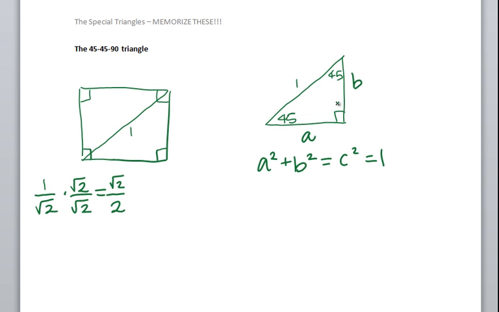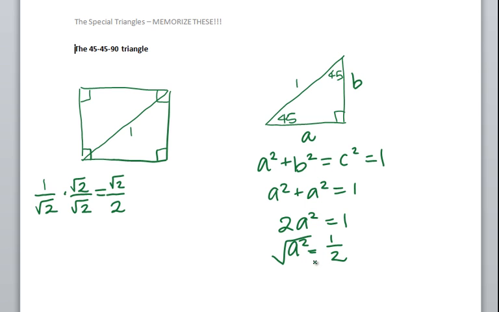Well, we also know that a and b are the same, so I would have a squared plus a squared is 1, which means that I have 2a squared, which is 1. Now, if I divide both sides by 2, I get that a squared is 1/2, right?